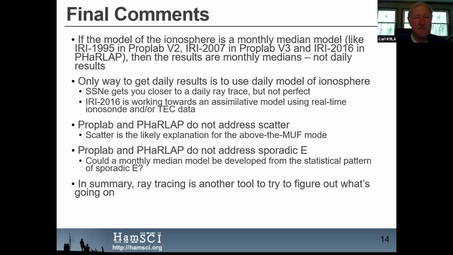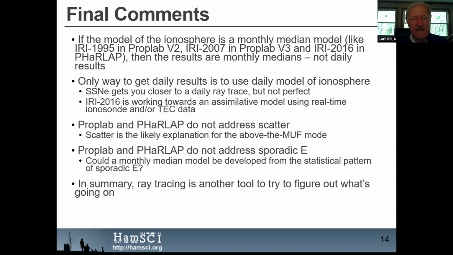PropLab and FarLab do not address scatter. Scatter is the likely explanation for the above-the-MUF mode. In other words, normally we think propagation does not occur between point A and point B if the MUF is lower than the operating frequency, but real measurements show that it still happens, and it appears to be due to scatter.